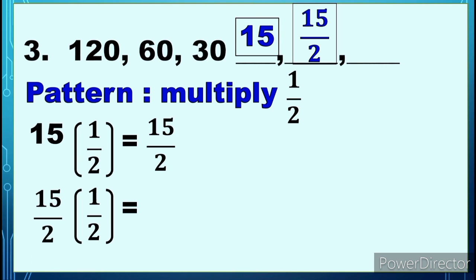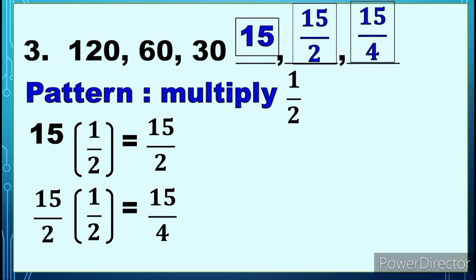So, 15 times 1 is 15. 2 times 2 equals 4. Therefore, the answer is 15 over 4. And now the next term is 15 over 4. So the next three terms of the given sequence are 15, 15 over 2, and 15 over 4.